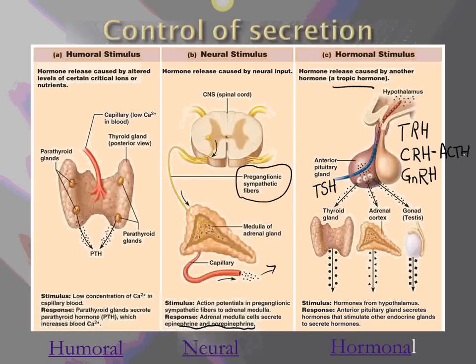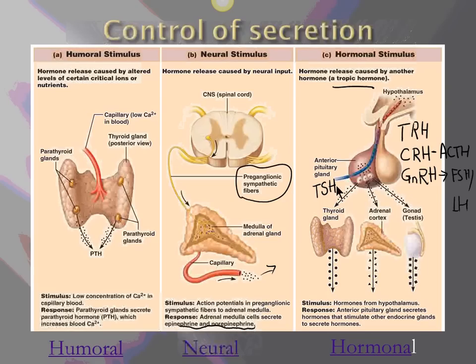So you see the word tropic. And the gonadotropic releasing hormone will cause release from the anterior pituitary of gonadotropic hormones, and these are FSH and LH. So these are just names I'm giving you. We'll do them as we go.